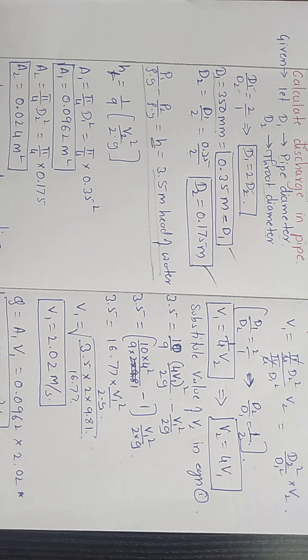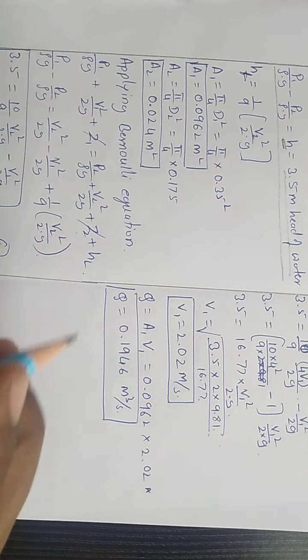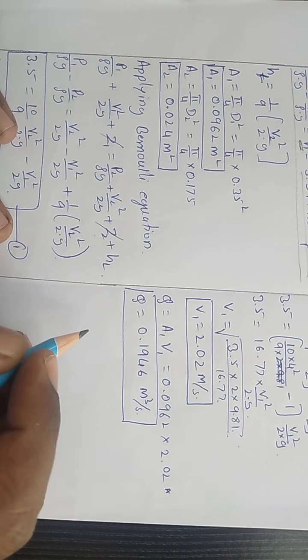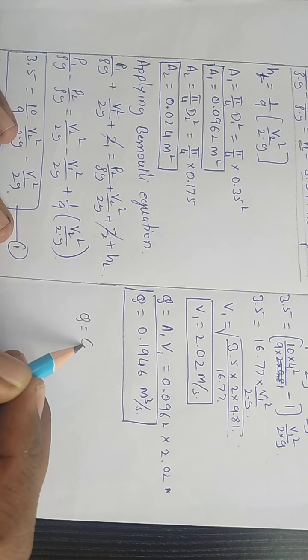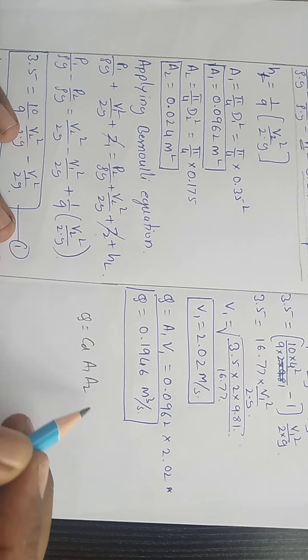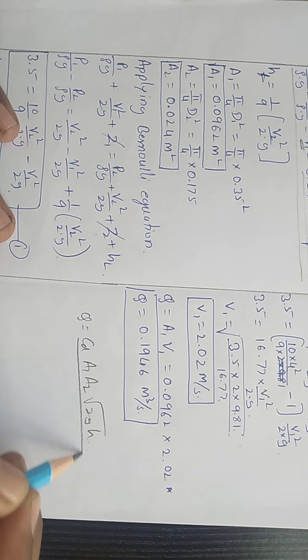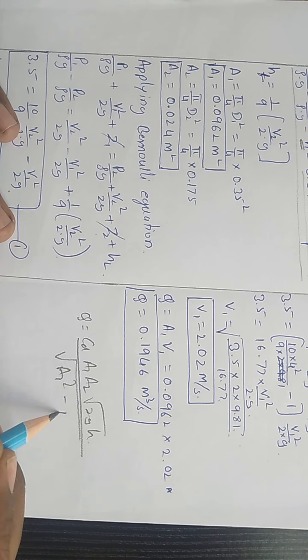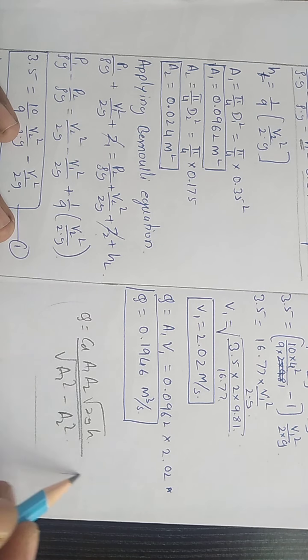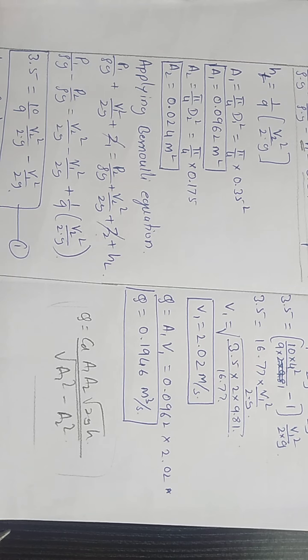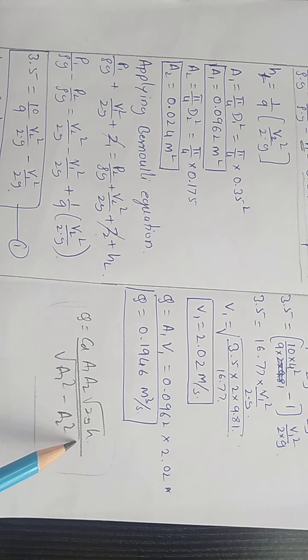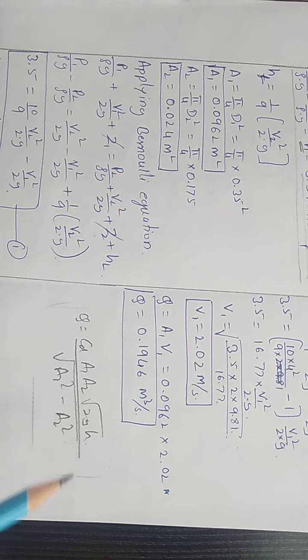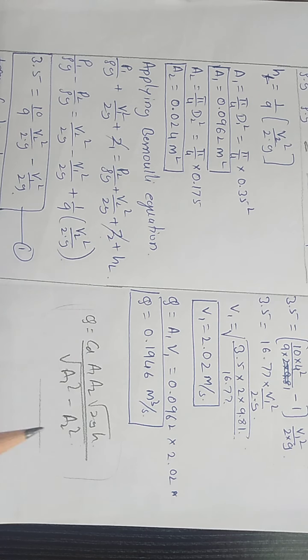The expression you have got is Cd a1 a2 square root of 2gh divided by square root of a1 square minus a2 square. While deriving this expression for discharge for the Venturi meter, we have not considered head loss. Without considering the head loss, we derived it in the ideal case. But he has given us the head loss, so we cannot use this.